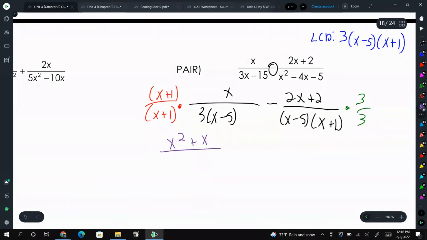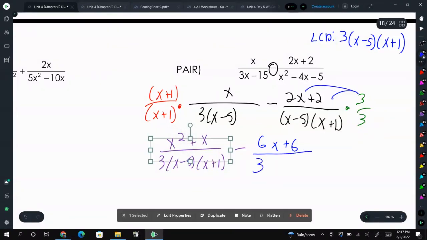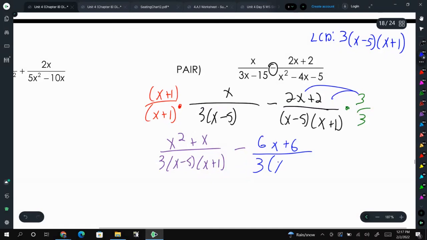So x squared plus x over 3 times x minus 5 times x plus 1 minus 6x plus 6, because we're taking the 3 and distributing it, over 3, there's x minus 5, there's x plus 1.